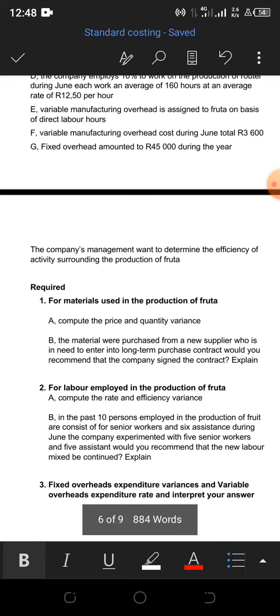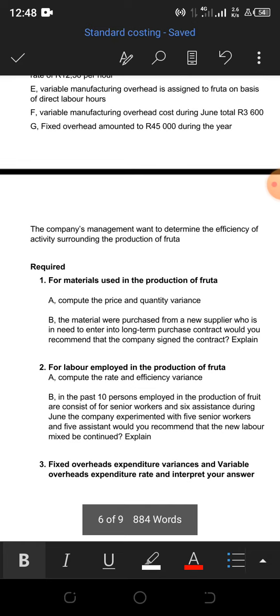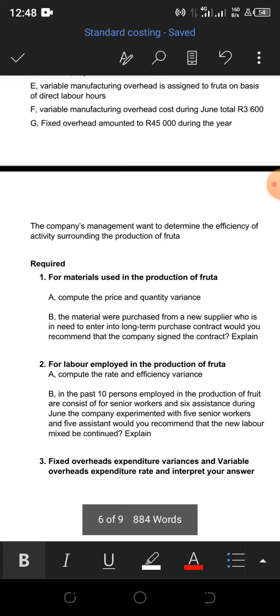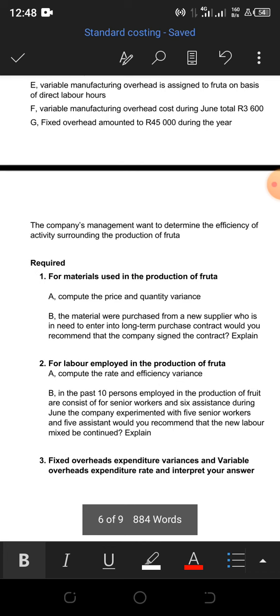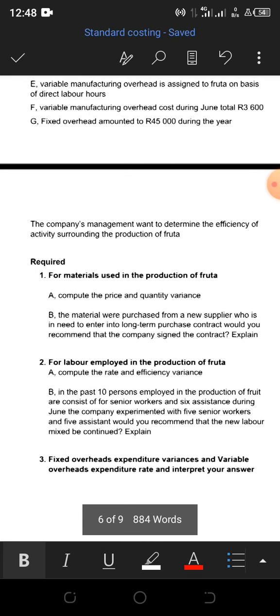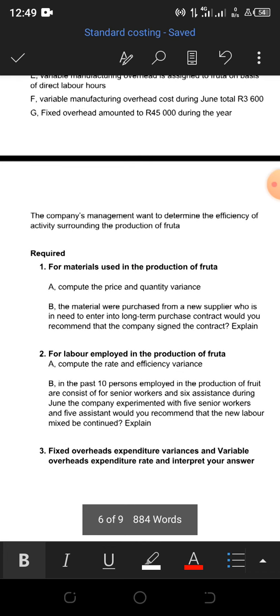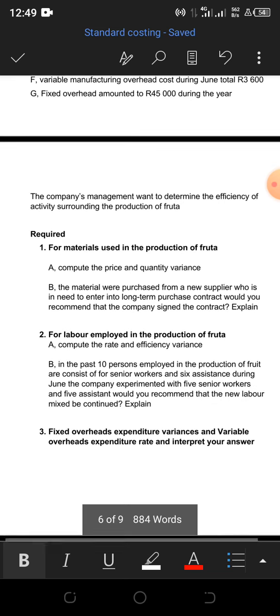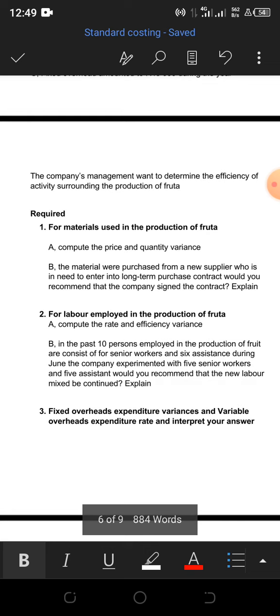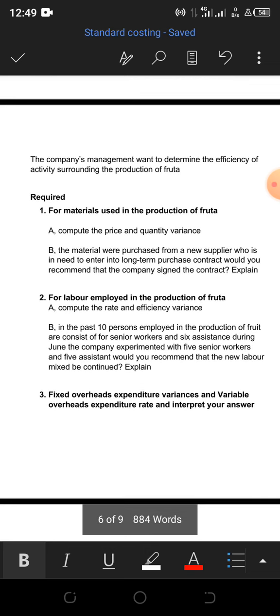Okay, so number 2, they said for labor employed in the production of fruta, we have to calculate the rate and efficiency variance, which means under question 2, we are only going to focus on labor, the rate and efficiency variance.